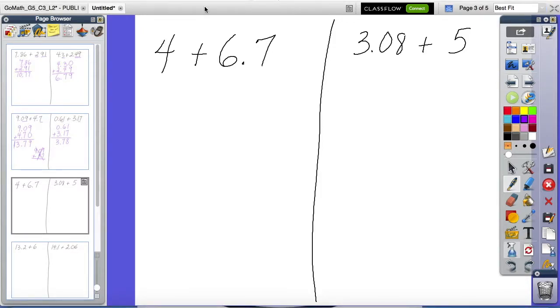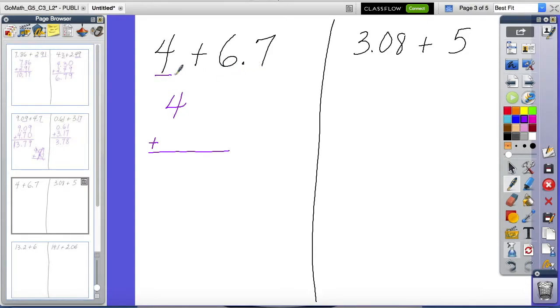Now in this example, you'll notice that the 4 does not have a decimal in it at all. And we have to line it up and add it to 6 and 7 tenths. So we're going to have to put our 4 and then think about where we would line up the 6 for 6 and 7 tenths.